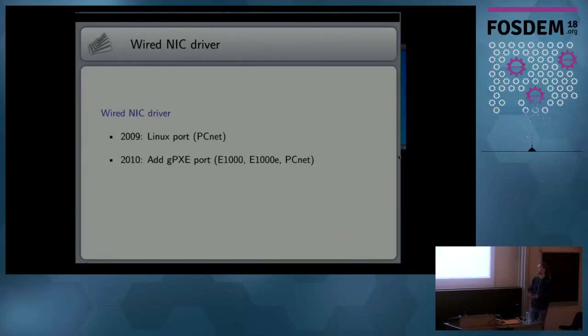The laptops that we used almost all had these 1000 series of Intel built in, so we needed some more support. And at this point, it was a good option to go to the gPXE project and look at this code. gPXE is a network bootloader project that is the successor of Etherboot, and it is a pretty small, slim framework.